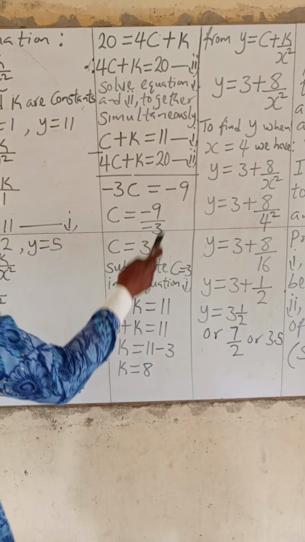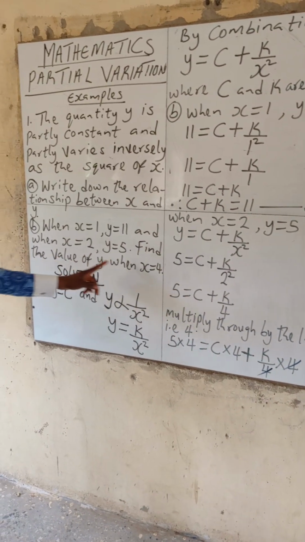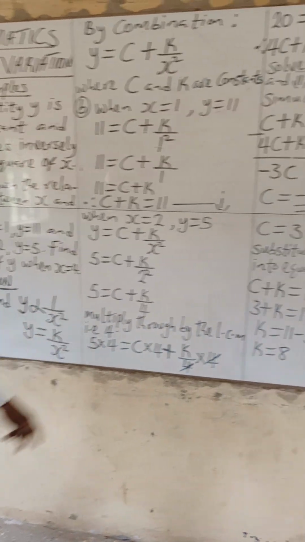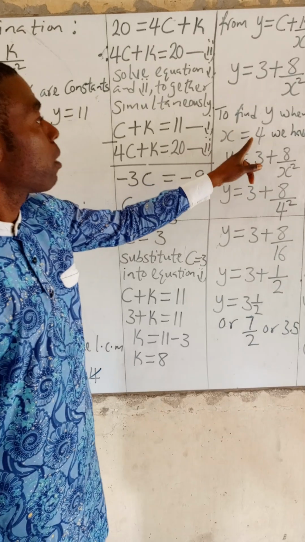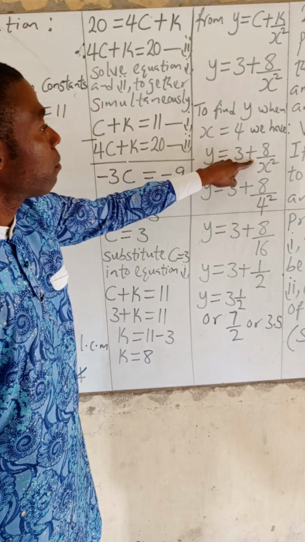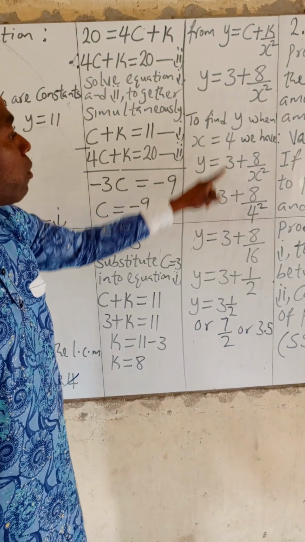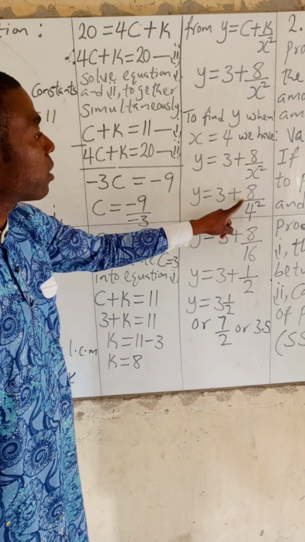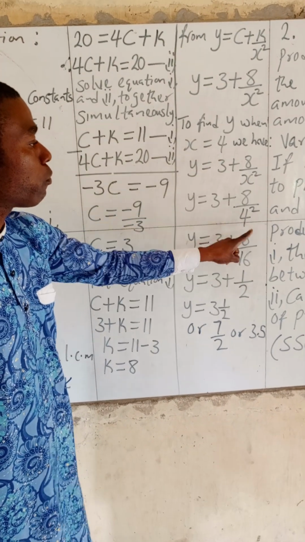So going back to the question now, it said, find the value of Y when S equals 4. So since we are looking for Y when S equals 4, we have from here, Y plus 3 equals 3 plus 8 over S squared. So Y equals 3 plus 8 divided by, where we see S, we put 4 squared.